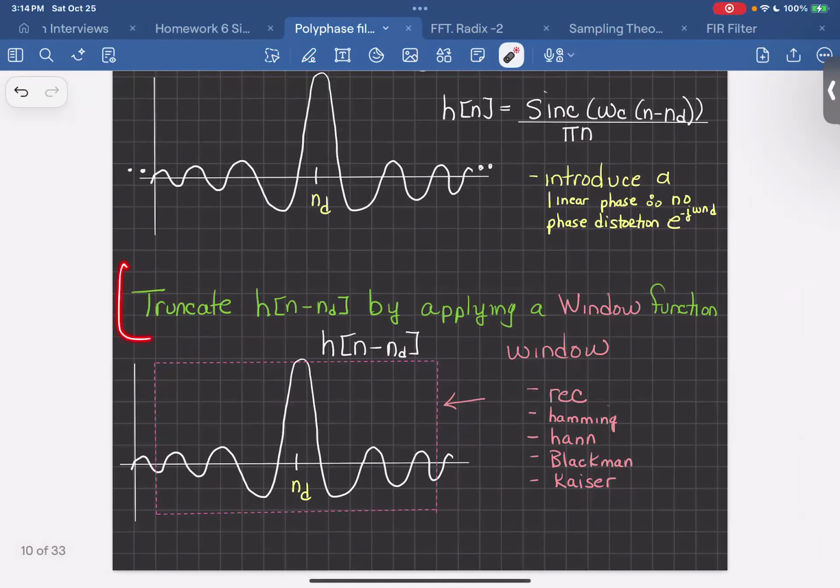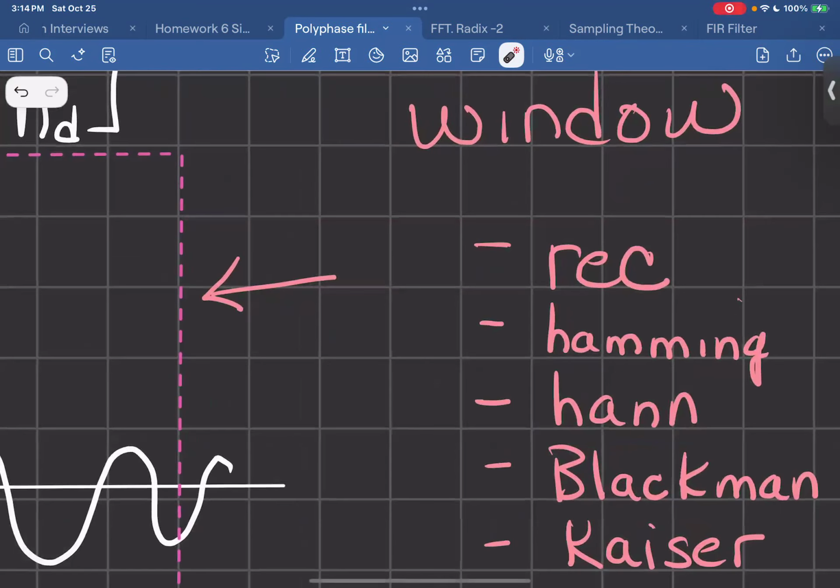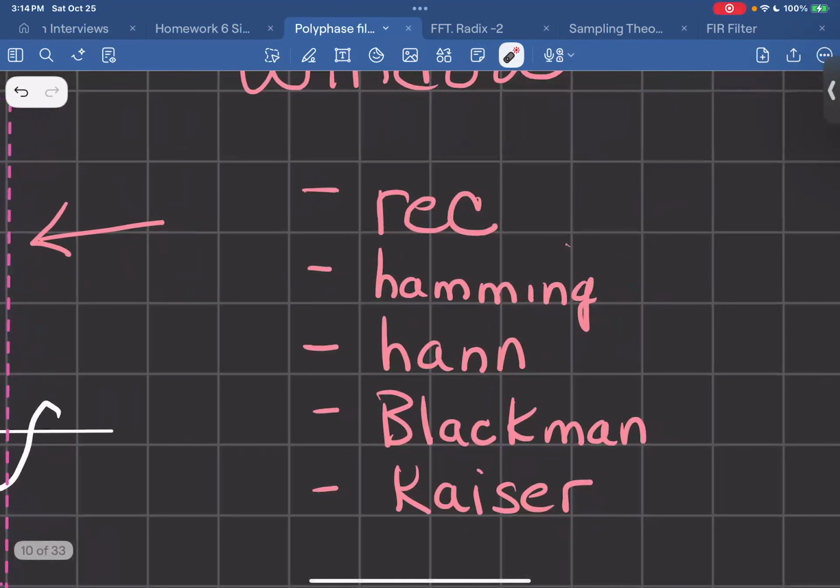The next thing you do is truncate, because remember, we can't have this thing going on forever and ever. We truncate this sinc function with the window function. And these are the choices of your windows. Okay, there may be a couple more, and each of them has some nuances, and they have different transition band and stop band responses.